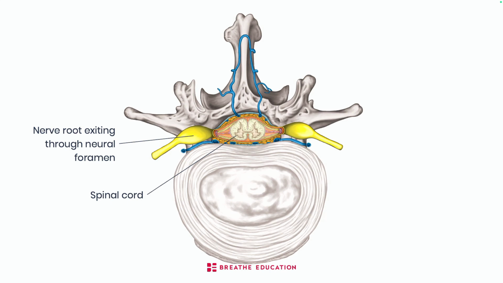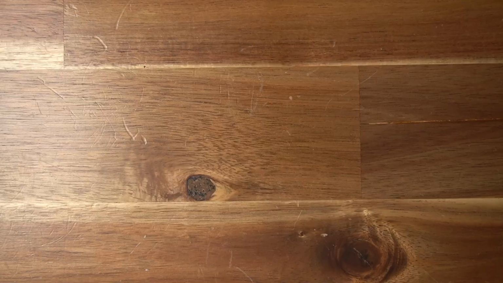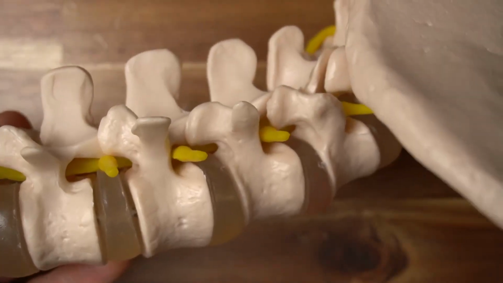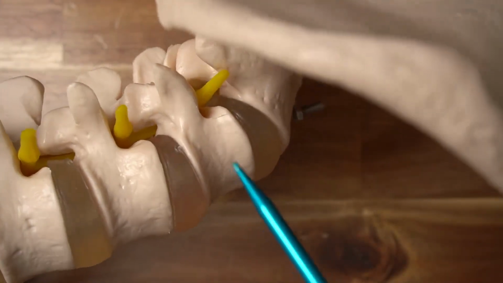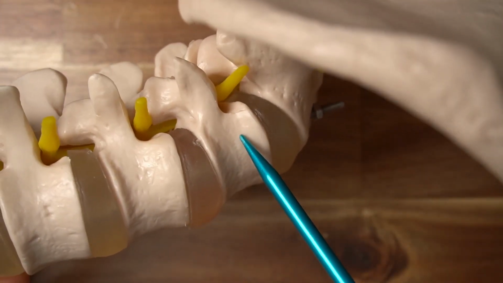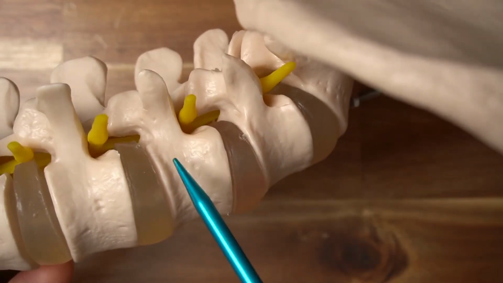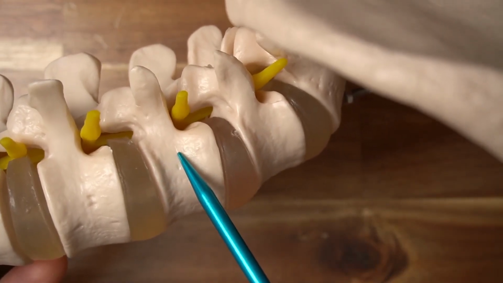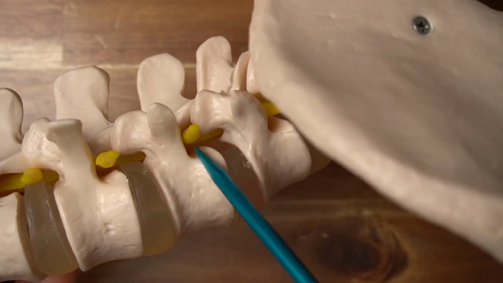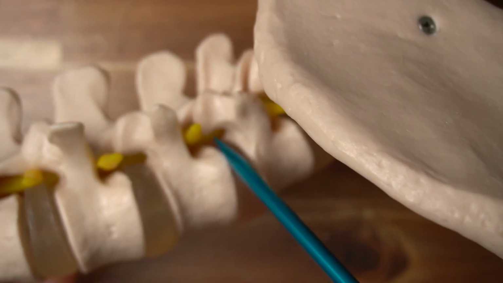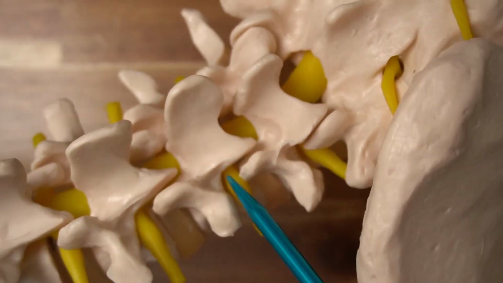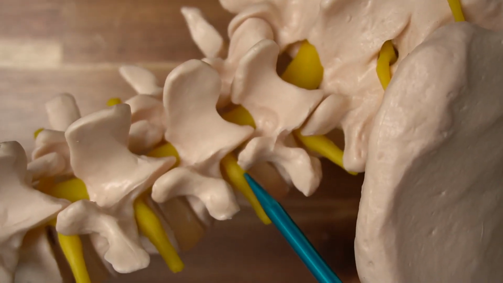We have a look at that on the plastic model. You can see there is the L5, there is the L4, there is the neural foramen, and there is the nerve root.